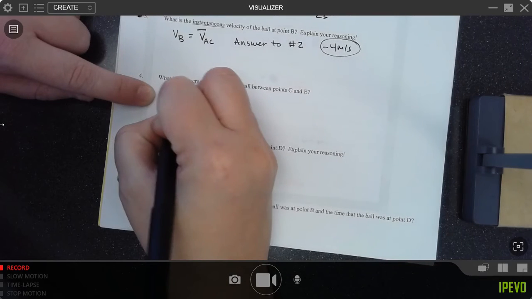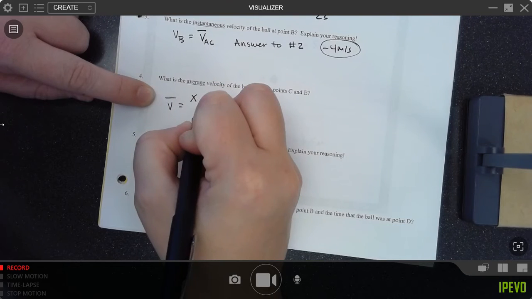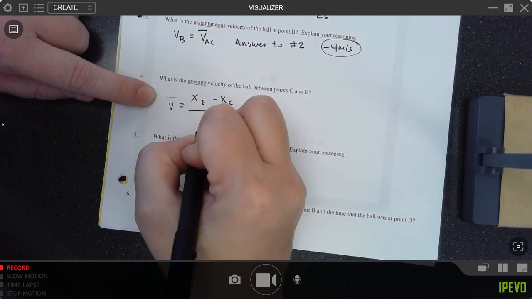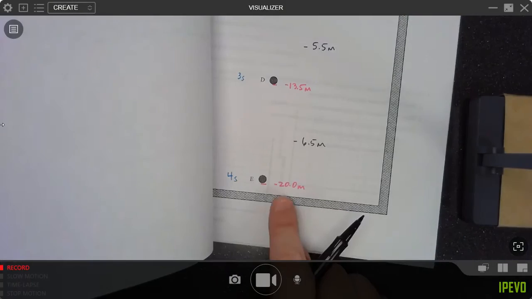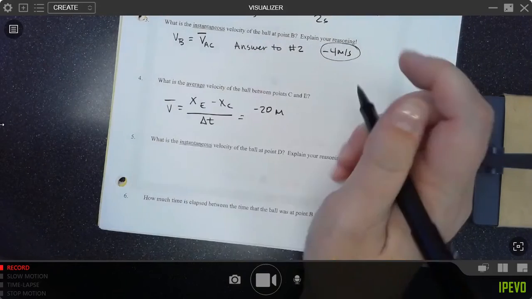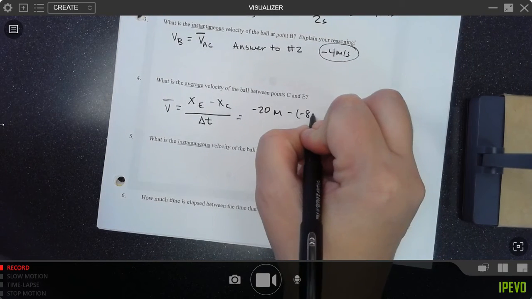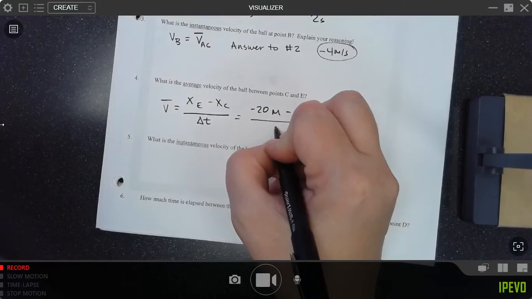Number 4, what's the average velocity between C and E? So we're going to do average velocity between C and E. All right. Our position at E minus our position at C divided by our change in time between them. Our position at E is minus 20. Our position at C is minus 8. The time between them is 2 seconds.